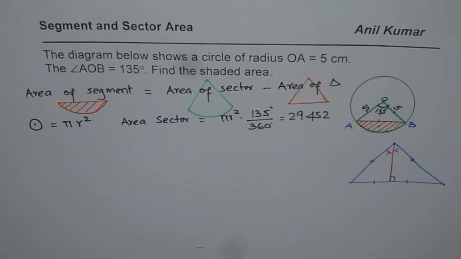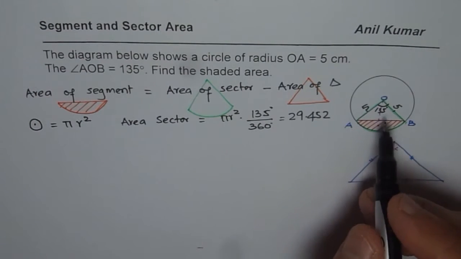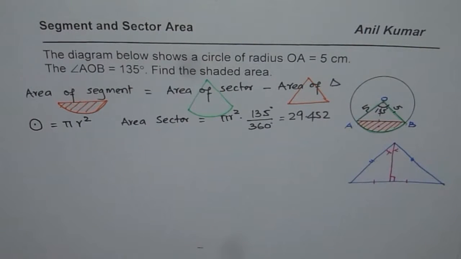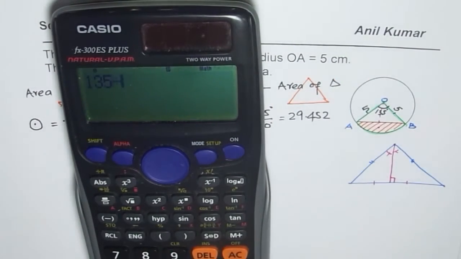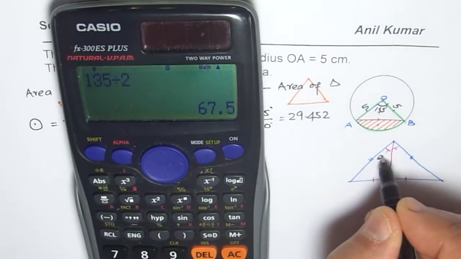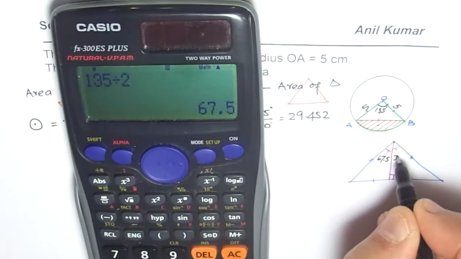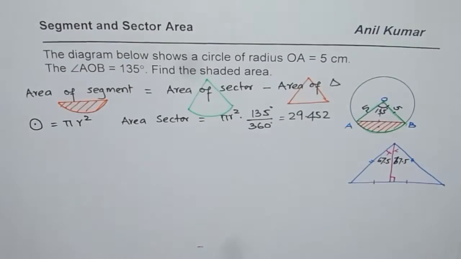So each angle will be half of 135, right? 135 divided by 2 is 67.5. So each angle is 67.5.